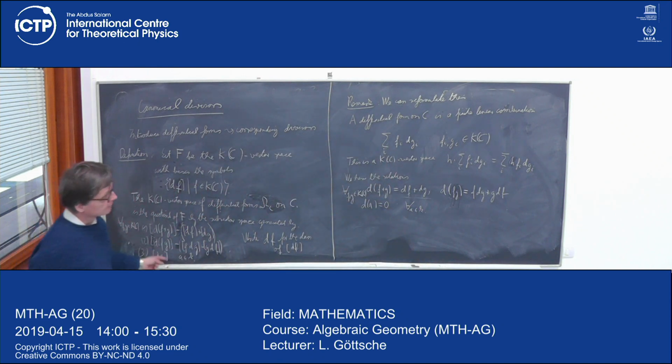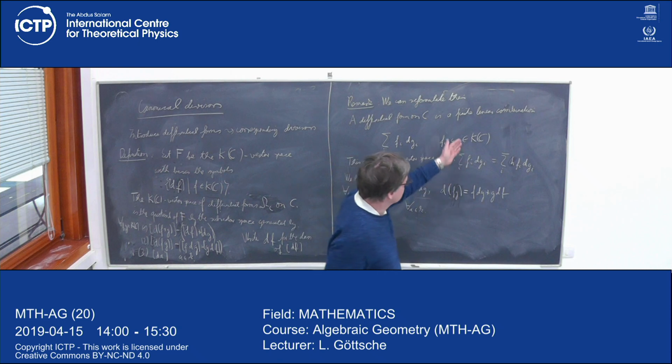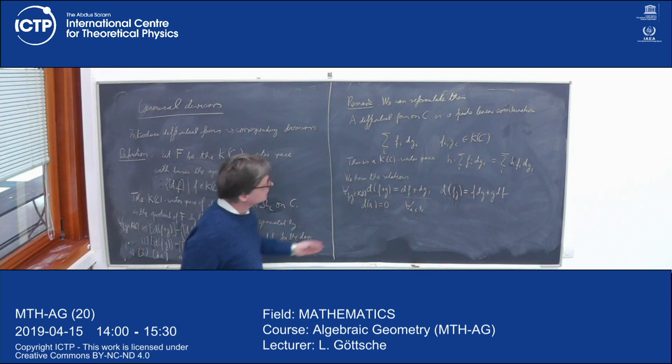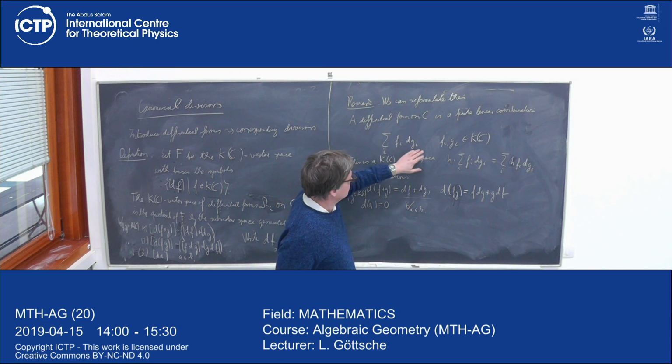If df is now the class of the [df] in brackets, then the fact that these [df_i] form a basis means every element can be written as a linear combination of them with coefficients, these f_i's.